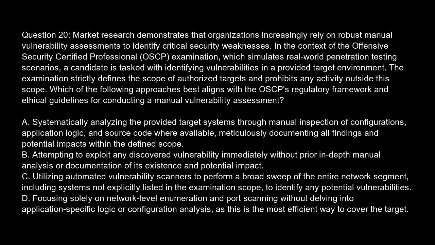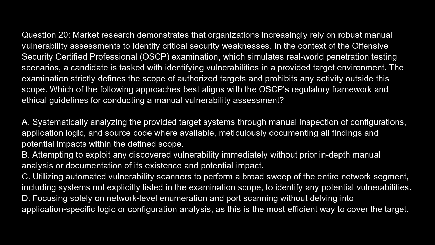assessment? Option A. Systematically analyzing the provided target systems through manual inspection of configurations, application logic, and source code where available, meticulously documenting all findings and potential impacts within the defined scope. Option B. Attempting to exploit any discovered vulnerability immediately without prior, in-depth manual analysis or documentation of its existence and potential impact.